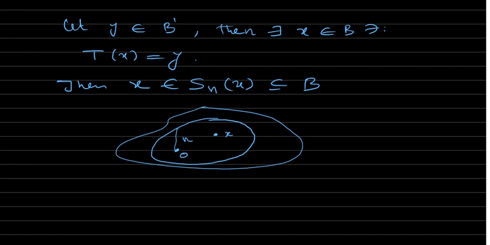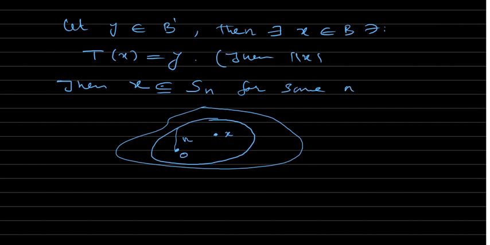So let's write here this, as it is contained in Sn for some n. What's the reason? Then the norm of X is less than or equal to n for some n greater than or equal to 1, because every non-negative real number is dominated by some natural number.